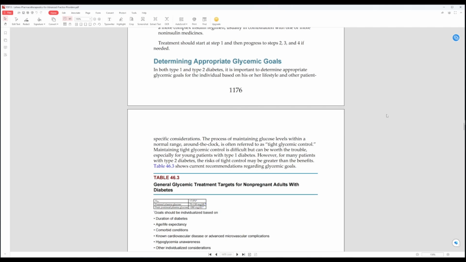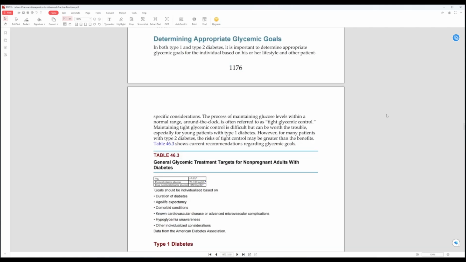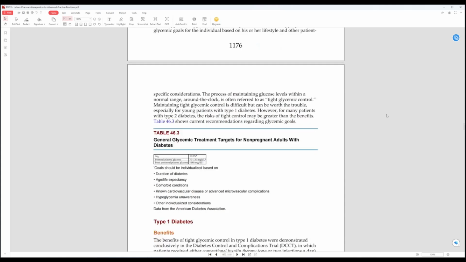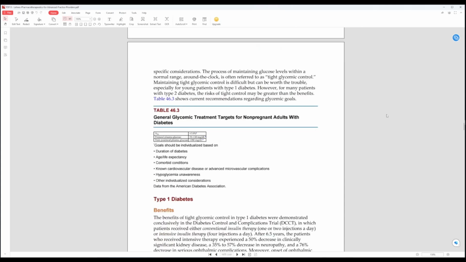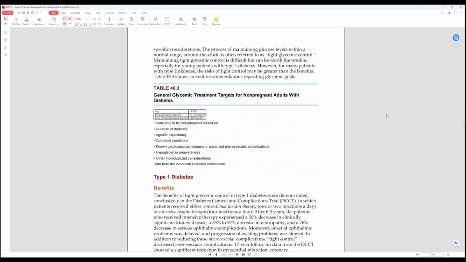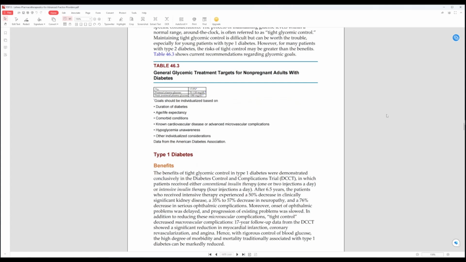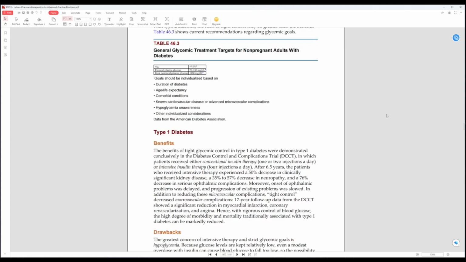Maintaining tight glycemic control is difficult, but can be worth the trouble, especially for young patients with type 1 diabetes. However, in many patients with type 2 diabetes, the risk of tight control may be greater than the benefits. So, Table 46.3 shows the current recommendations regarding glycemic control. So, here is a good spot to take a look at that.